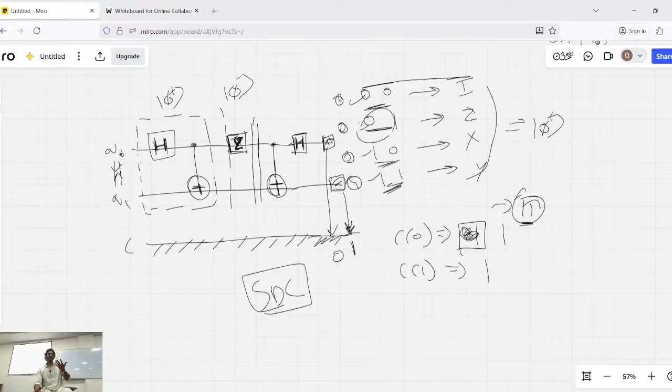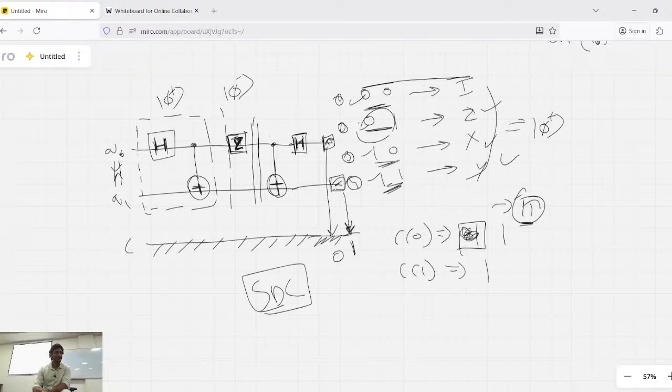Like if Alice wants to send these two bits of information, she simply can use only these gates. She doesn't need to perform the complete encoding and stuff like that. She can directly use these gates, make that encoding done, and send the qubit directly.